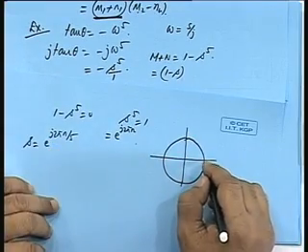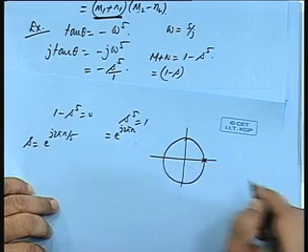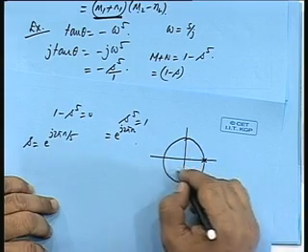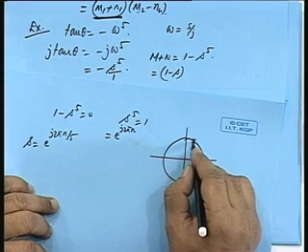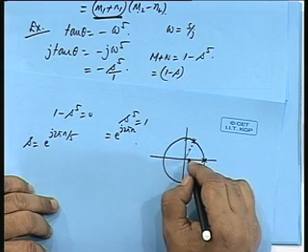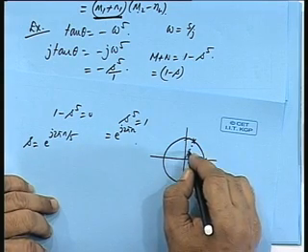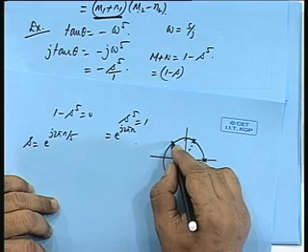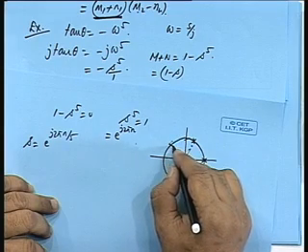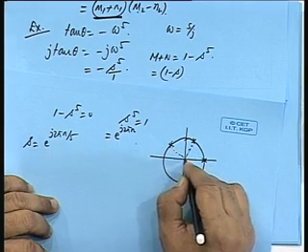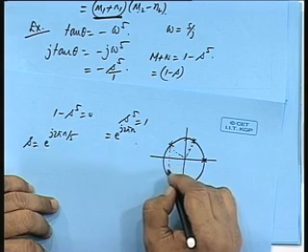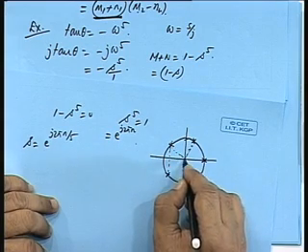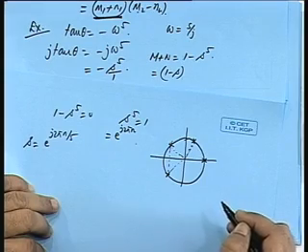Put n equal to 0, 1, 2. So, if I put n equal to 0, this is one root, then 2 pi by 5, 72 degrees, then 2 into 2 pi by 5, 144 degrees, okay. Then 3 into 72, so 216 degrees.